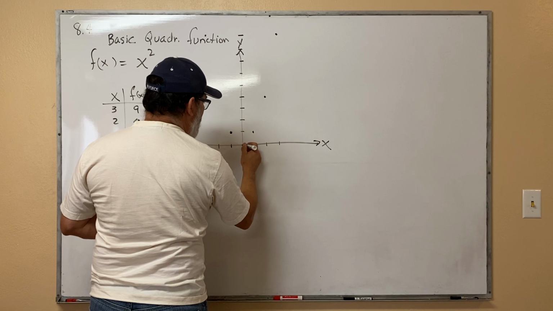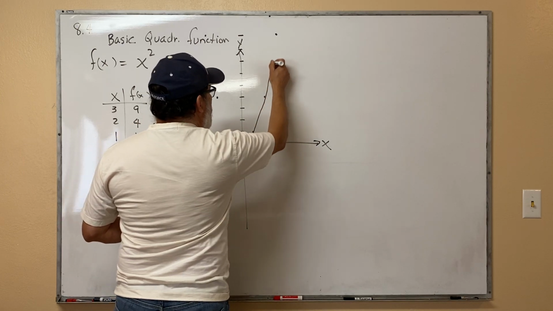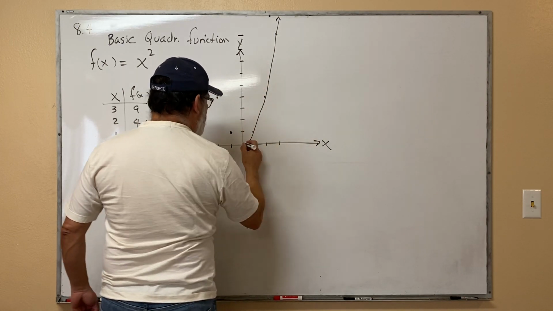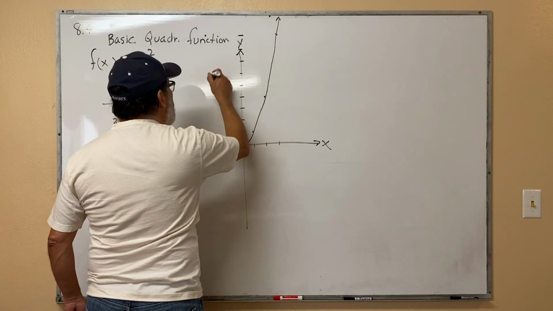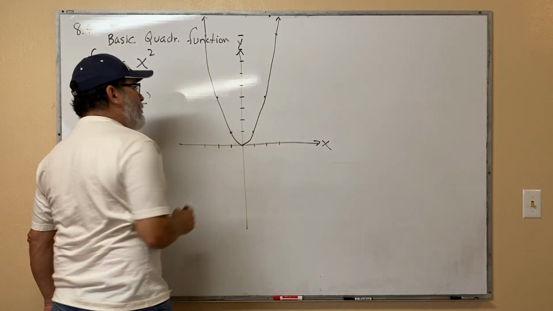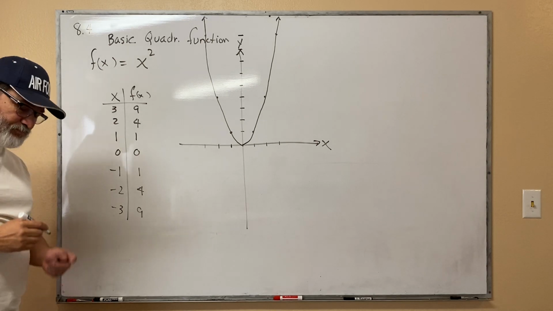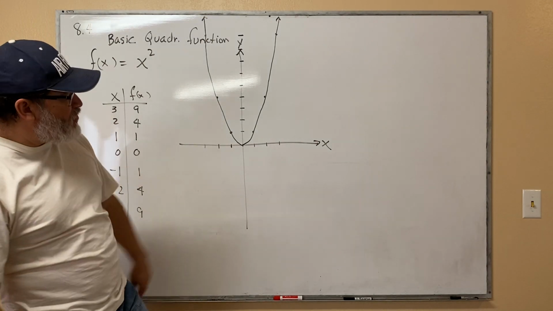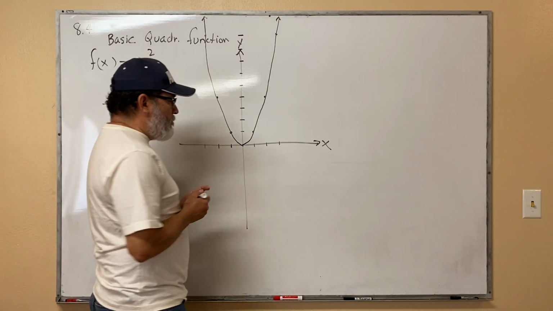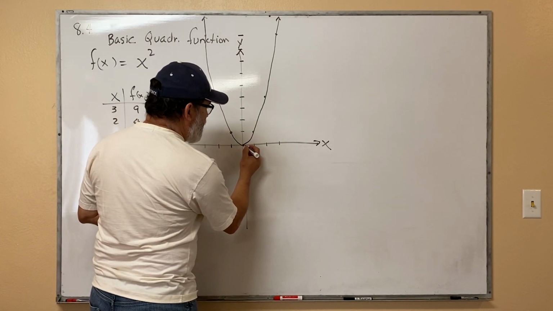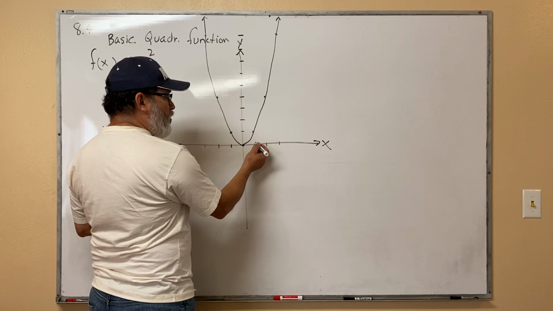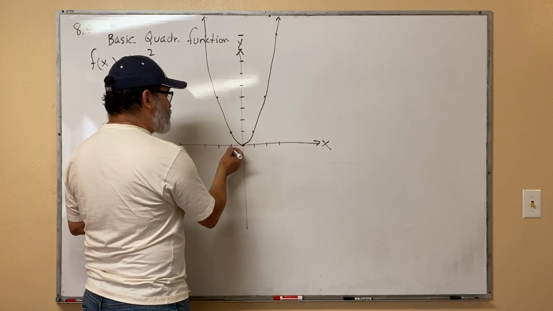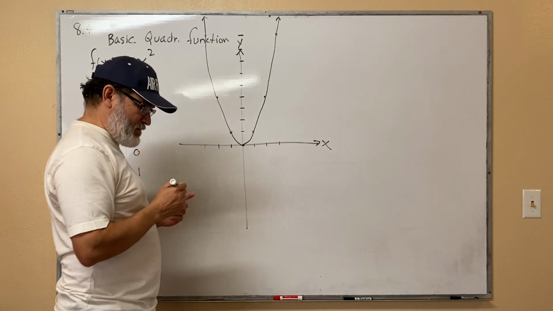So this is the behavior of the basic parabola. Behold the basic parabola. That's what it looks like. I want you to understand the behavior. 1 to the right, 1 up. 1 to the left, 1 up.